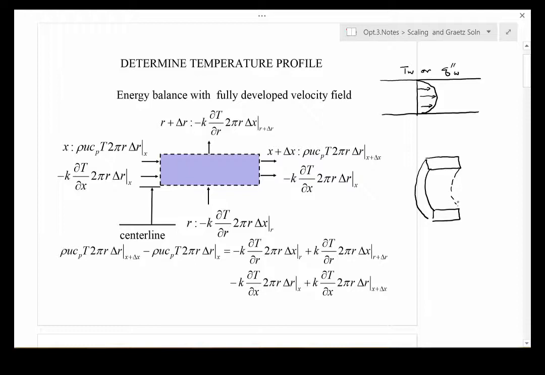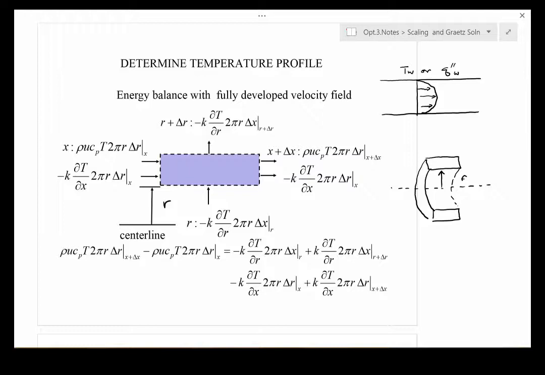So we're looking at a slice of flow at some distance r. This distance from the center line is r. You imagine the center line of this flow system is like this. This dimension is r. And we're interested in what flows in and what flows out of this control volume, and we perform an energy balance on that.